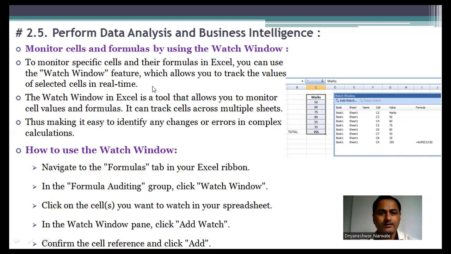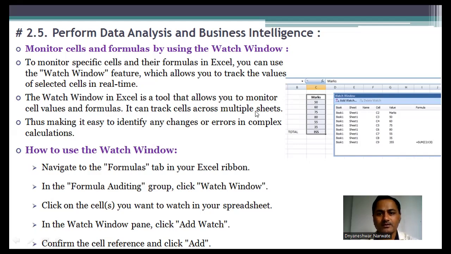So look at here, the watch window in Excel is a tool that allows you to monitor the cell values and formulas. Each and every detail is going to be displayed over here in the watch window, and whatever data we are going to be selecting, accordingly it is going to display the details over here.